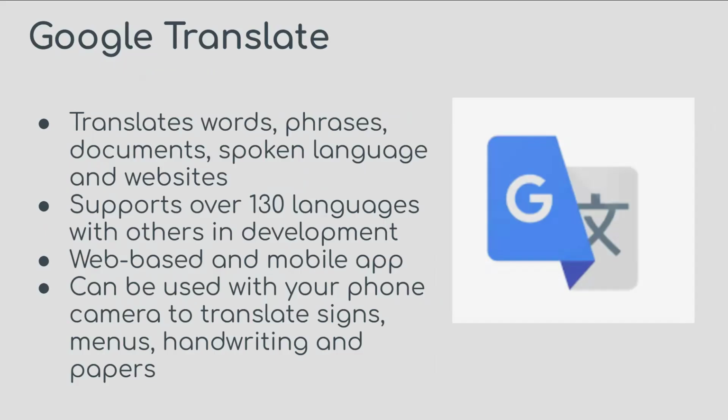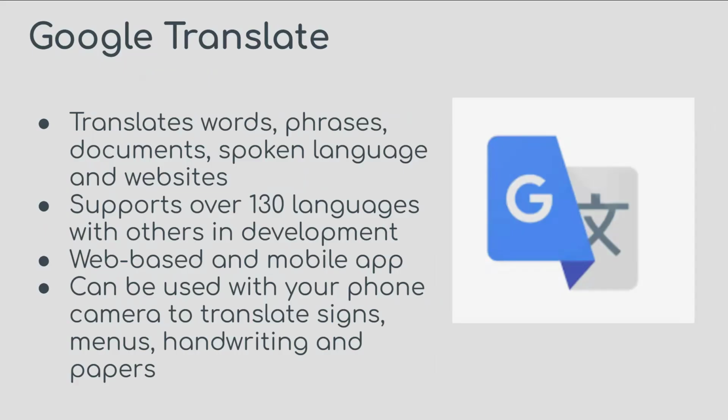Google Translate, another Google app. This one you can also download onto your device, or you can use it on an internet browser. Google Translate translates words, phrases, documents, spoken language, and websites, and it supports over 130 languages with others in development.